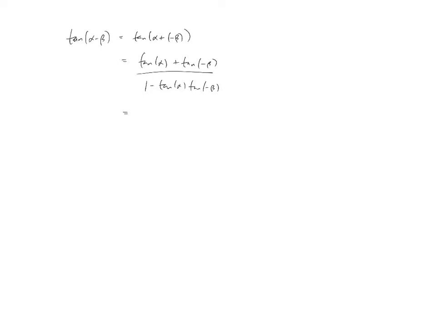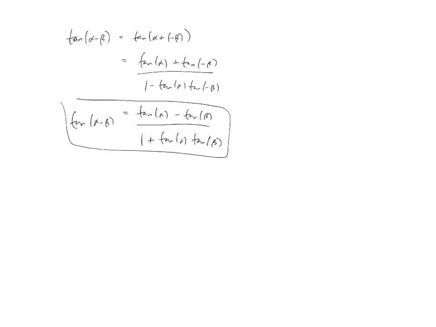Tangent's an odd function, so the negatives need to come out. Tangent alpha minus tangent beta over 1 plus, because of the double negative, tangent of alpha, tangent of beta. So for tangent of a difference, alpha minus beta, we have tangent alpha minus tangent beta over 1 plus tangent alpha, tangent beta.